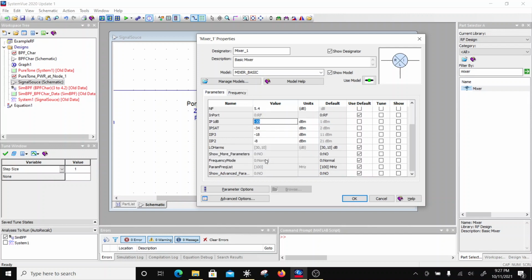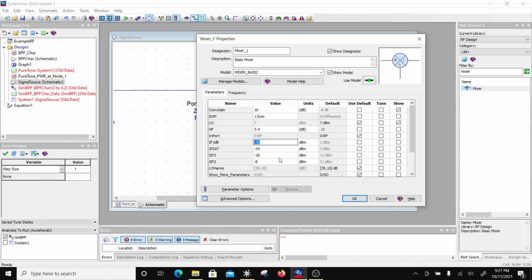What about the isolation? So there should be something called isolation here. Let's see, lower harmonics, show more frequency, show more parameters. Yes. So this is your isolation.